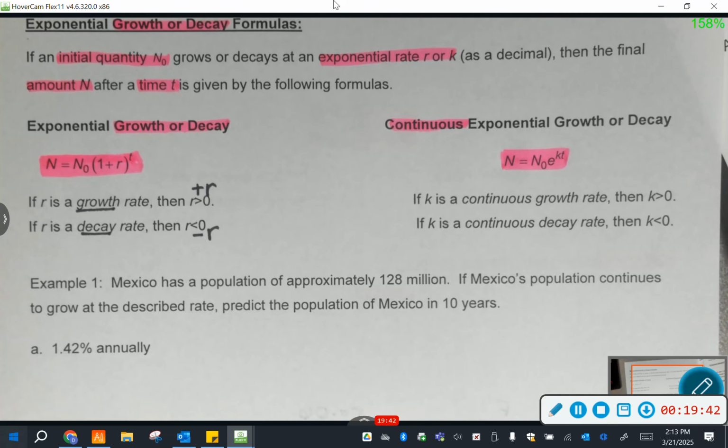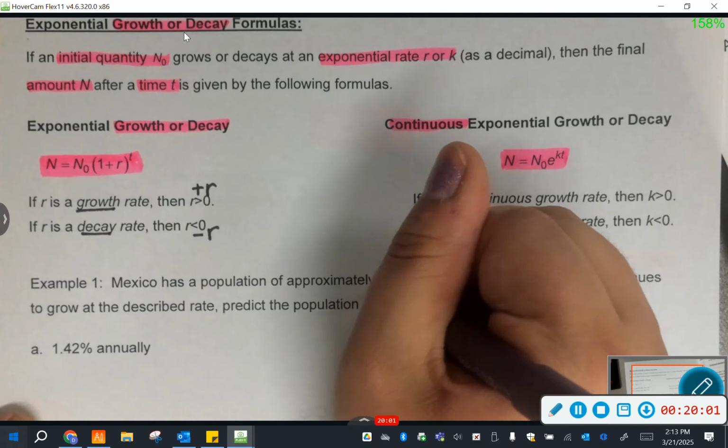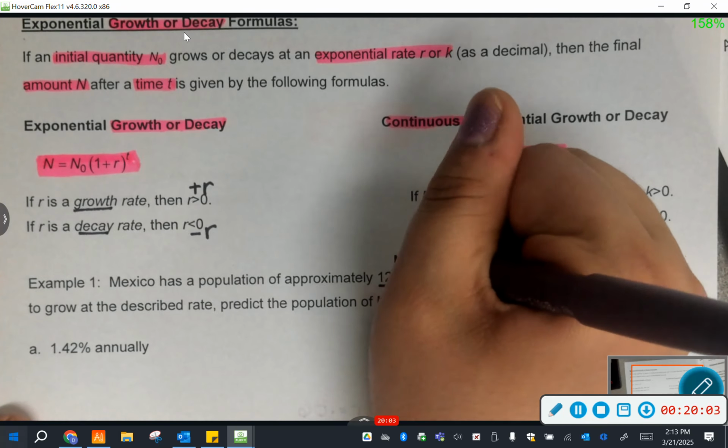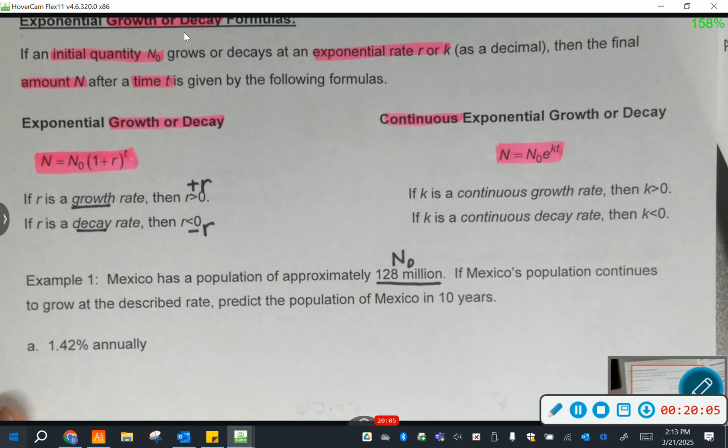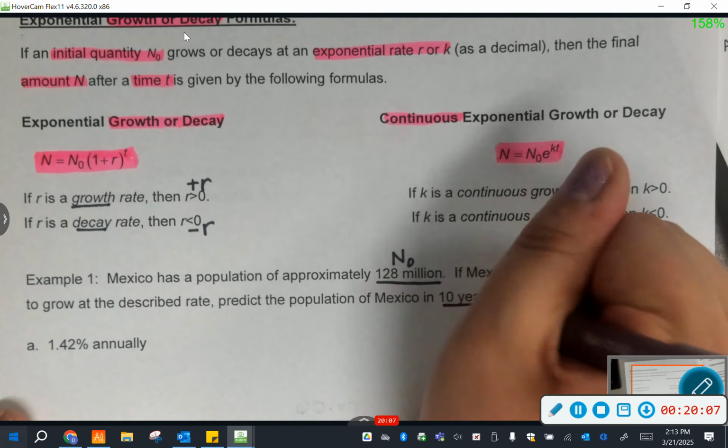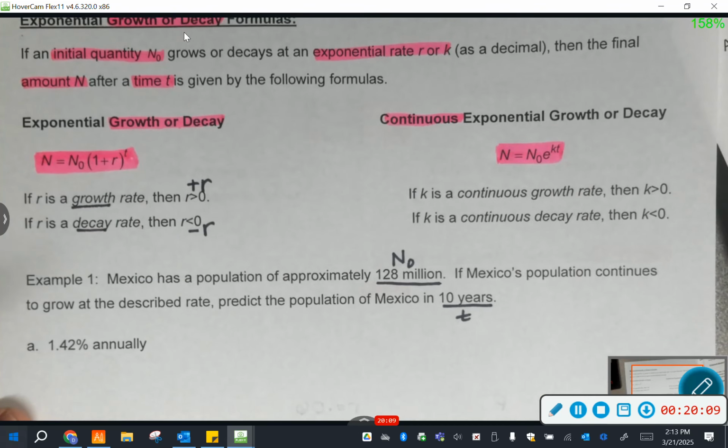So, Mexico has a population of approximately 128 million. If Mexico's population continues to grow at the described rate, predict the population of Mexico in 10 years. What do I know? I know the N naught, the initial value, is 128 million. The time is 10 years.